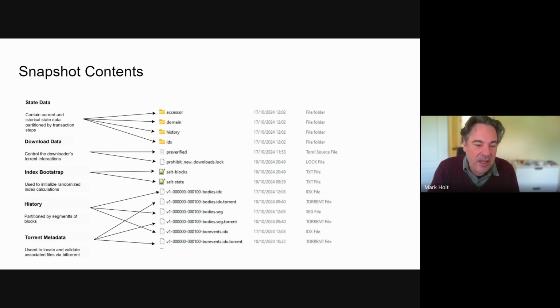This is exactly the same data as we've got contained in the chain data store. It's just laid out in a different format. And the majority of the code in Erigon, which is different from Geth, which we're forked from, is involved with managing the database itself and the snapshot format process.